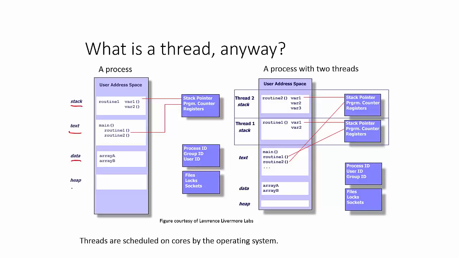And then finally you have the heap, which is the storage space for dynamically allocated data. And the process has an ID, it has a group ID, and it belongs to a user ID, and the process owns any open files, any kind of locks and sockets that you're using.